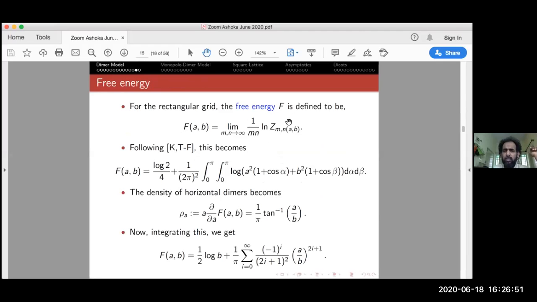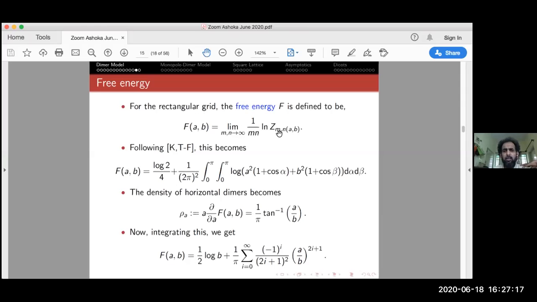I'm calling that Z sub mn of AB. If you take the log of the partition function, divide by mn, and take the limit as m and n go to infinity, of course you want one of m or n to be even, otherwise there's no perfect matching. That's the slight issue here, but that can be done.